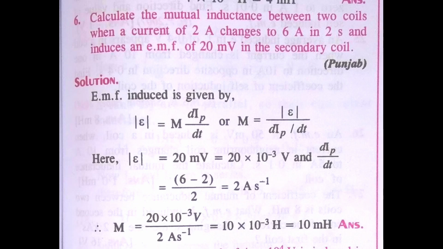By doing the calculation, we have the answer 2 ampere per second. So just put all the values in the given formula of mutual inductance, and we have the final answer 10 into 10 raised to power minus 6 henry, which can also be represented as 10 microhenry.